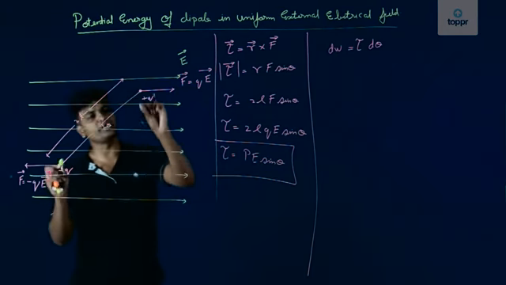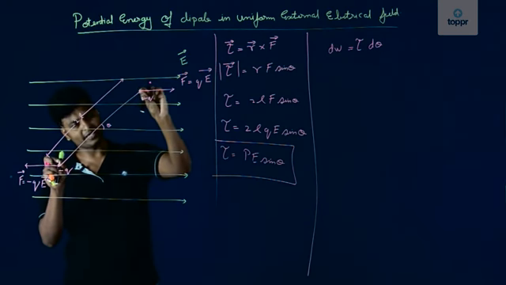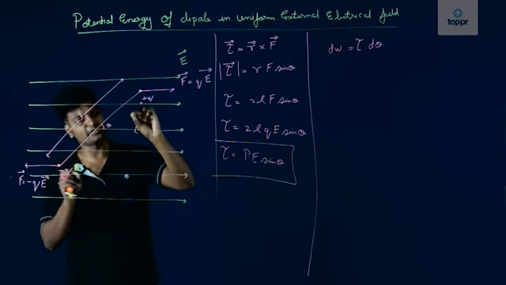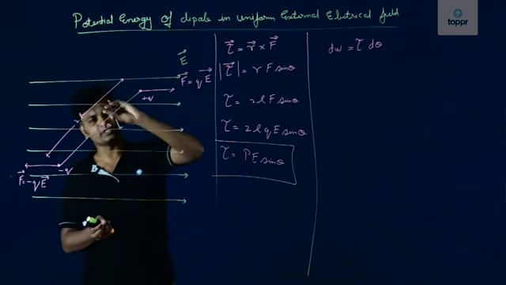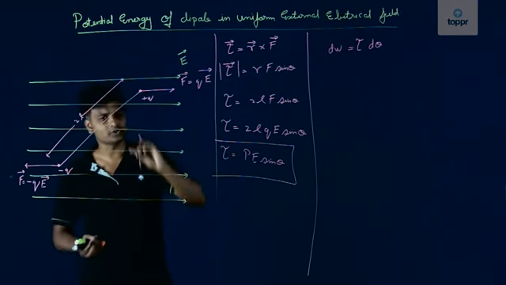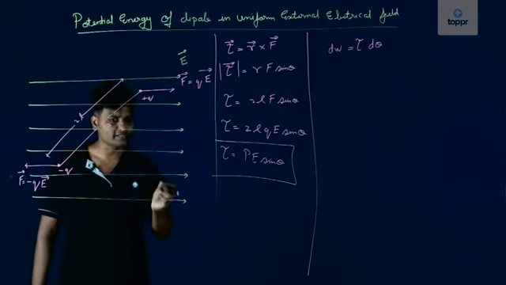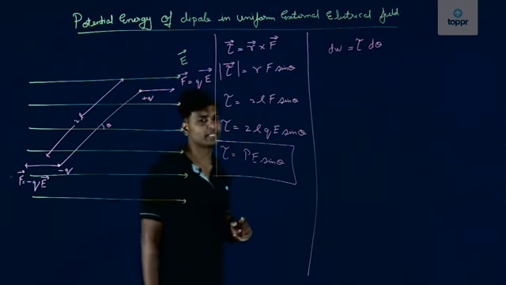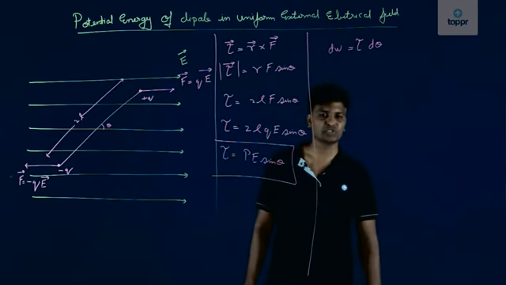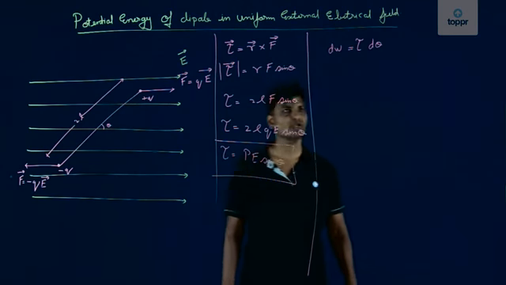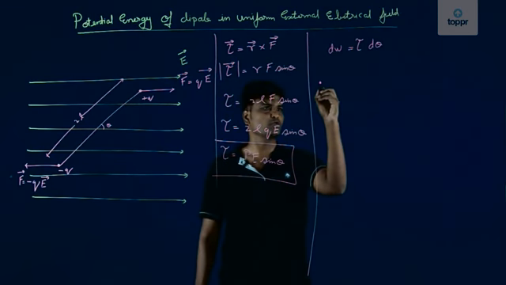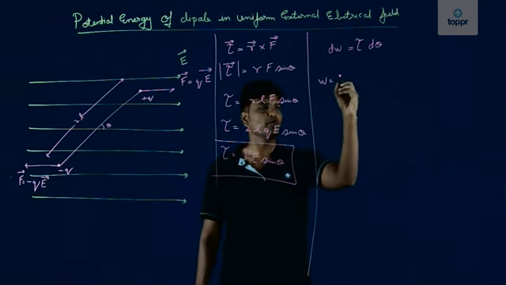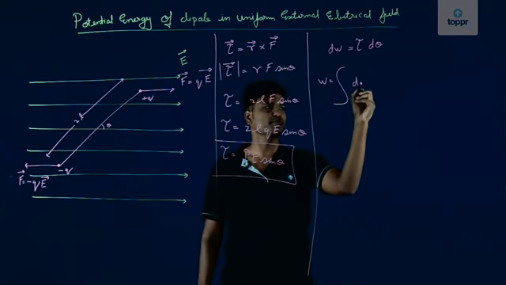Why? Because the moment I am applying external torque, the tendency of this charge is to rotate in opposite direction. That's the reason why the work done will get converted into potential energy. So in order to find out the total work done, W, I require to integrate dW.